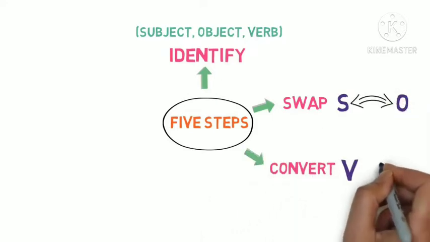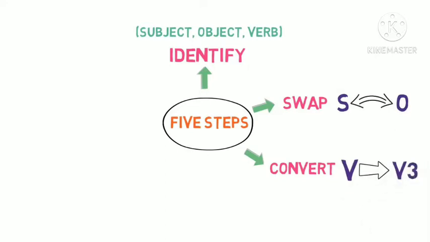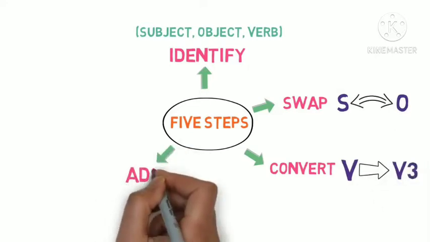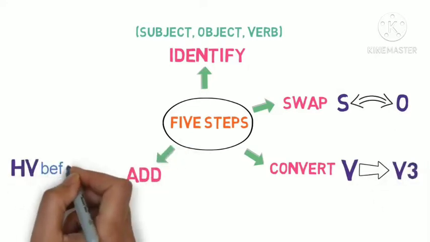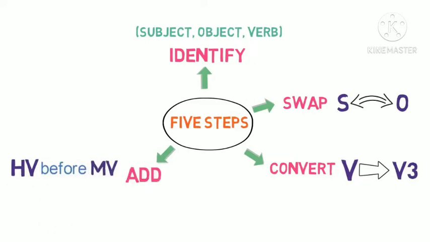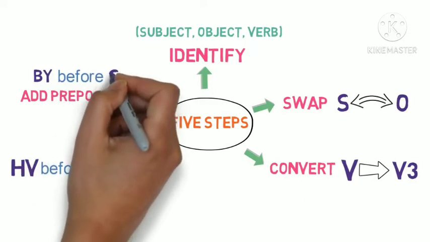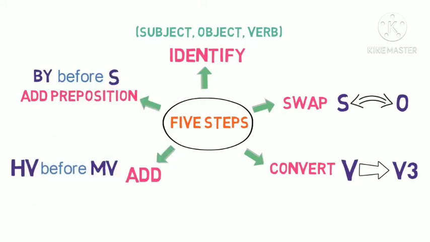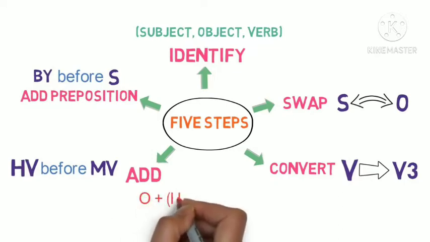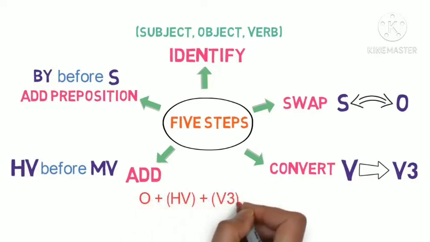The third one, convert main verb into V3 form of the verb. The fourth one, add helping verb before main verb. And the fifth one, add preposition by before subject. So guys, the formula of passive voice should be like this: object plus helping verb plus V3 form of the verb plus by plus subject.